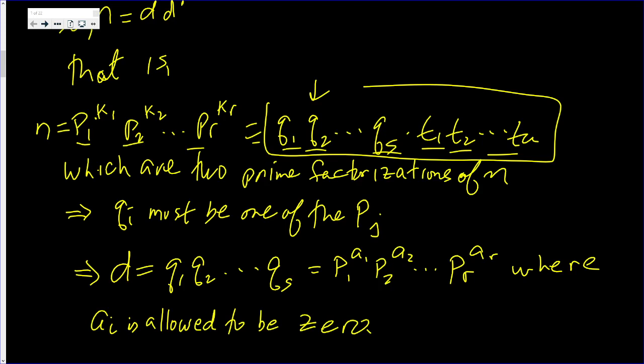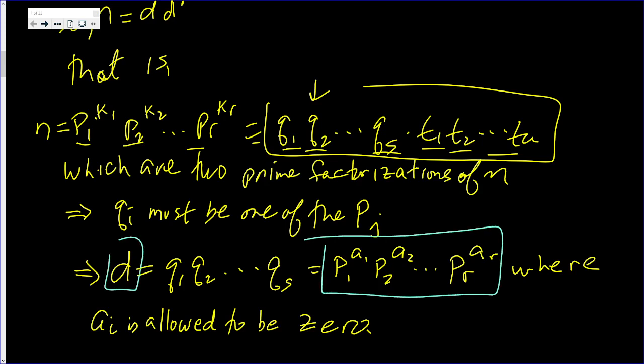Okay, so what did we get? We got that D can be written in that form. Okay, and I guess I should also say where A sub I is in between 0 and K sub I. A sub 2 is in between 0 and K sub 2.